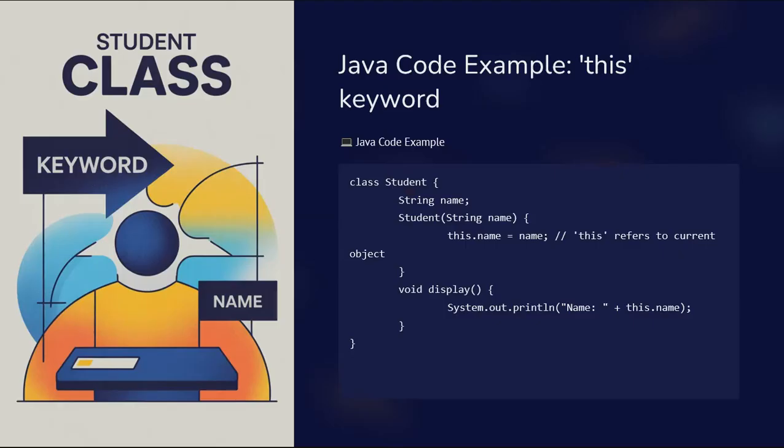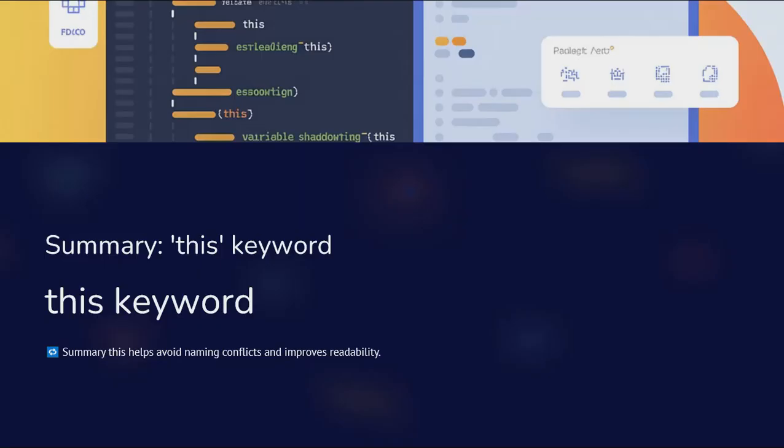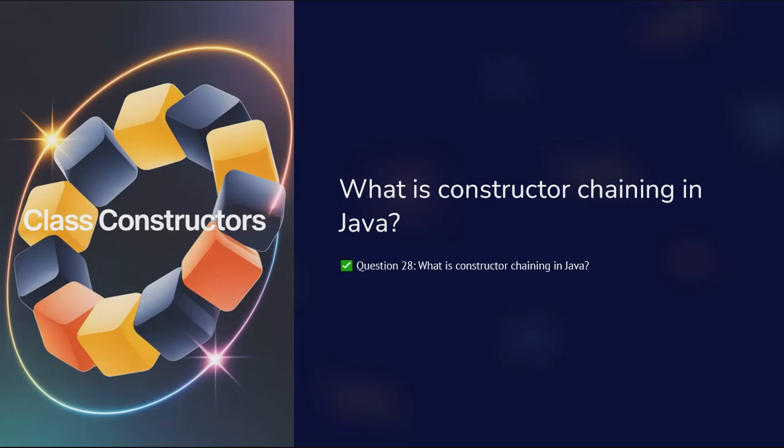You can see here student class have one variable name, one constructor with a parameter. So it will give the parameter value to the class variable name. Void display method, it will show this dot name means current class variables. So this helps avoid naming conflicts and improves readability.